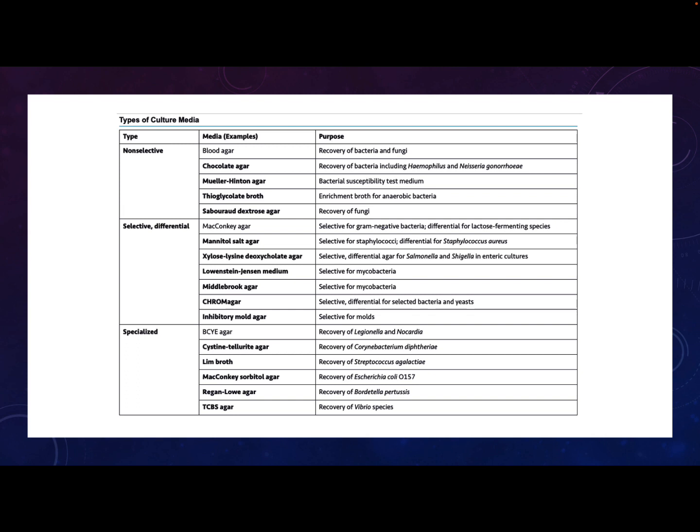And then there are very specialized media that will only grow a certain type of organism. For example, this LIM broth will recover Streptococcus agalactiae. And you might ask, well, why are you so interested in only recovering this species of Streptococcus?